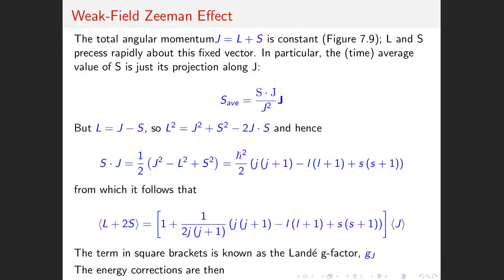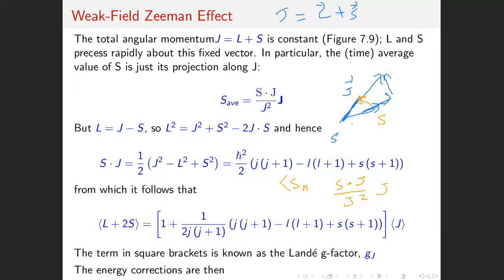Now, the total angular momentum was the one which was conserved, but it's made of two things, L plus S. They actually keep changing, but to find the average, it seems as if the average will be the projection of S on J. So we've done this before. It's just given by S dot J over J squared, times J. This gives you the average value for S.